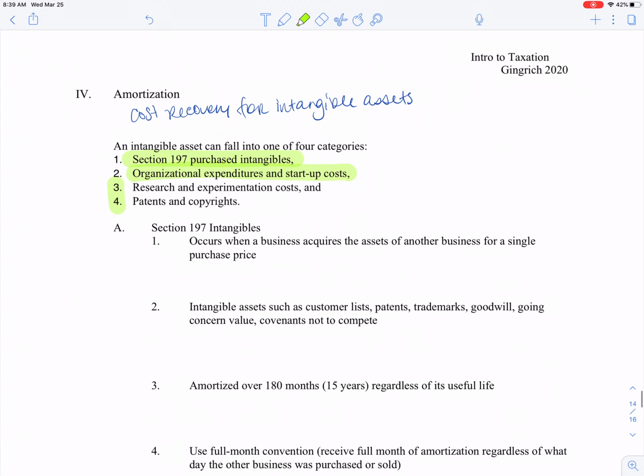So 197 intangibles occur when a business acquires the assets of another business for a single purchase price. These have to be purchased intangibles.